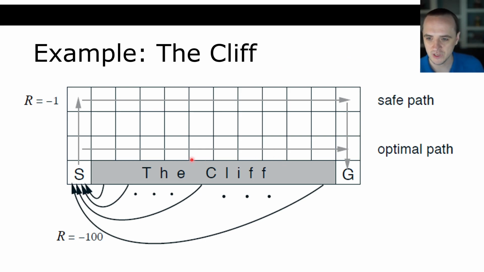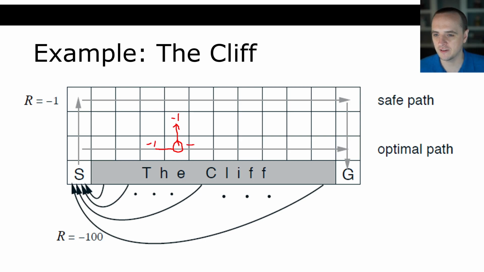So, again, let's say I'm currently right here. If I go up, I get a reward of -1. I'm trying to get somewhere the fastest way, so I have negative rewards and I'm trying to minimize my negative rewards. If I go left, I get a -1.